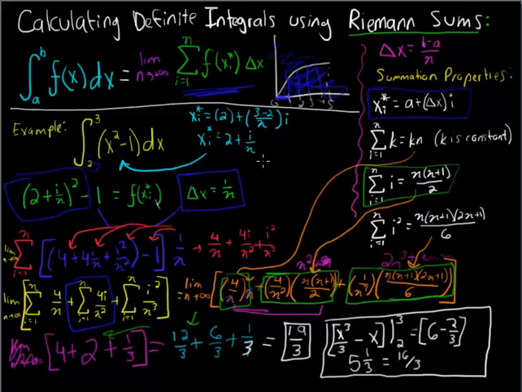So 19/3 is somewhat close to 16/3. So these are the properties you'll need to find the Riemann sum. So whether I messed up or not in this tedious process, that's how you evaluate it, whether I got it right or wrong.